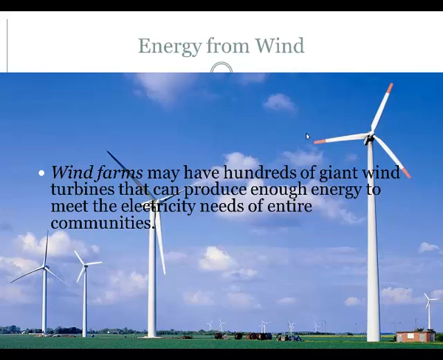The wind doesn't always blow at a constant rate, so we need to find some way to store that energy for later use, because we don't necessarily always use our electricity during windstorms or high wind periods. A high wind period might happen at midnight when most people are not using electricity at all in their homes.